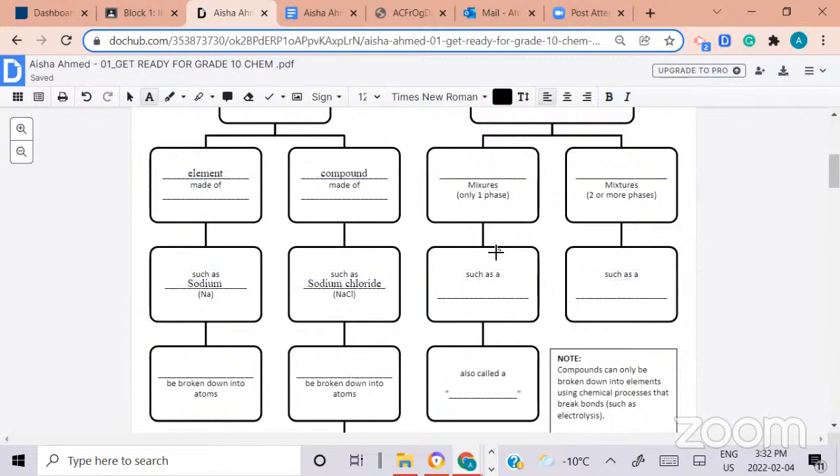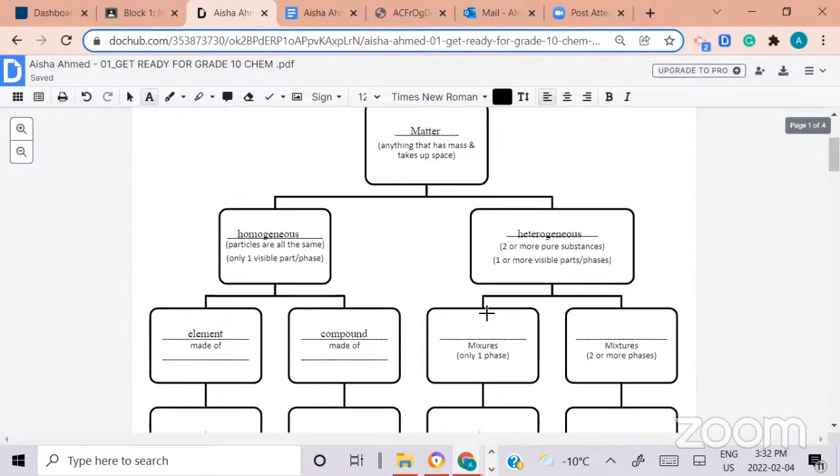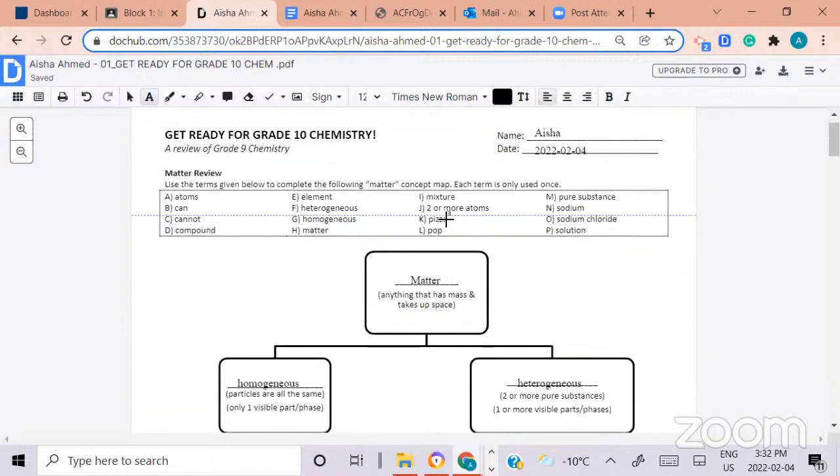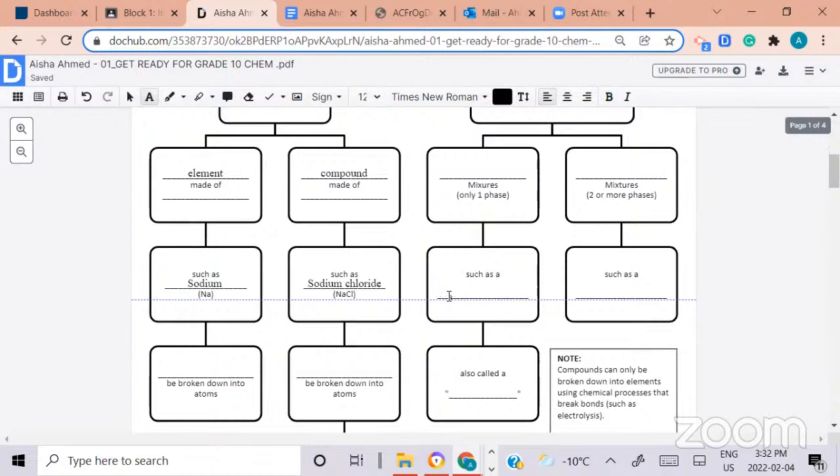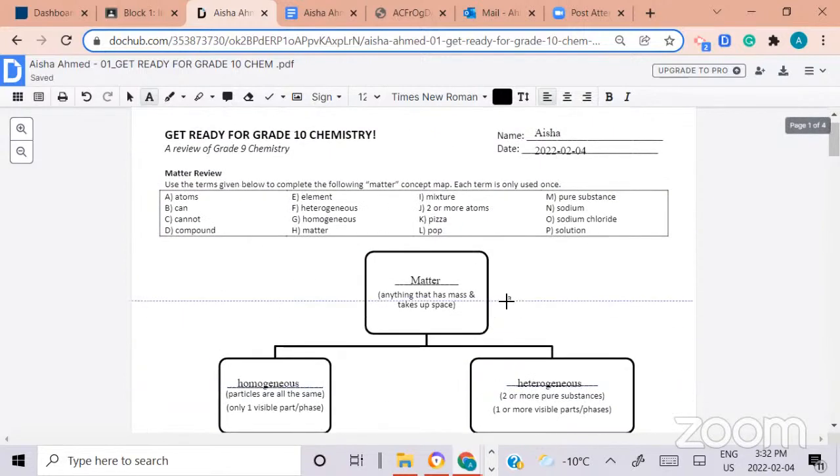So in the such as, let's first do such as a. We would put pizza there. And then on the other side, you would write, I have to see the options again, sorry.